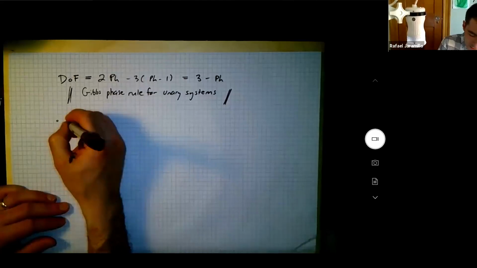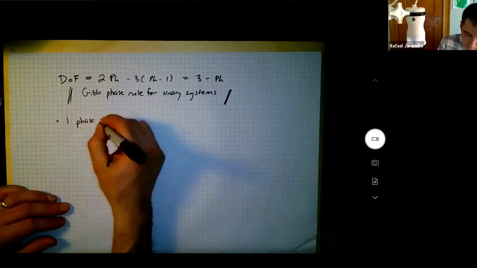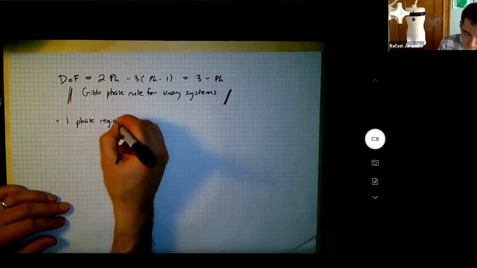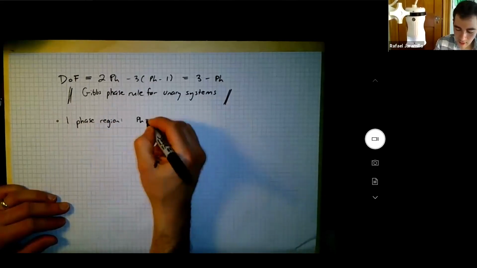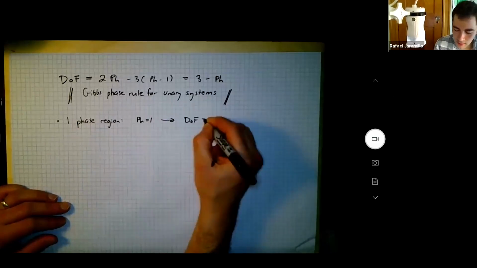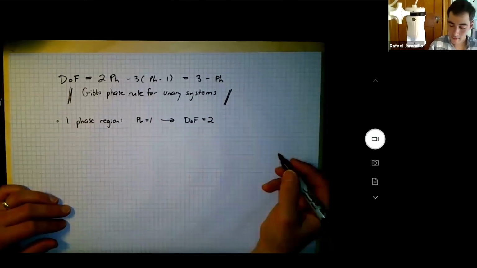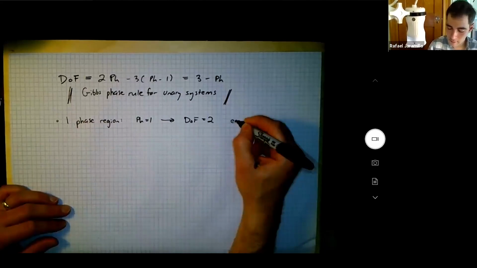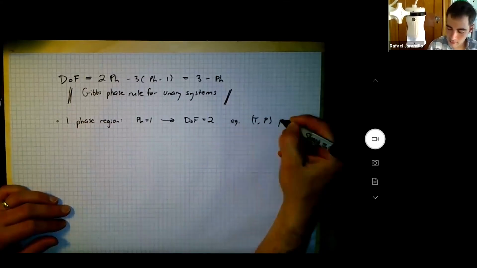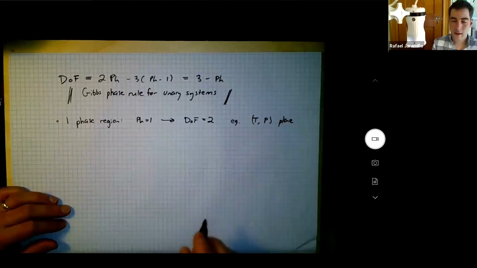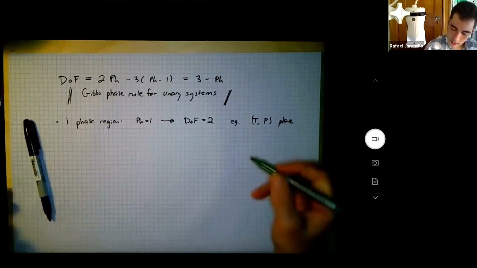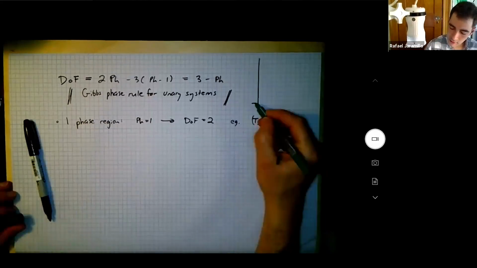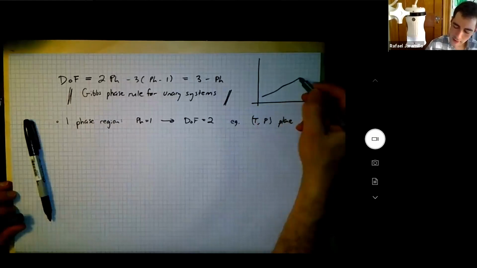A one-phase region: phase equals 1, degrees of freedom equals 2. For example, the TP plane. So this is getting back to what we know to be true, which is that in a unary phase diagram in general, I'm going to draw the one for water here because it's pretty familiar.